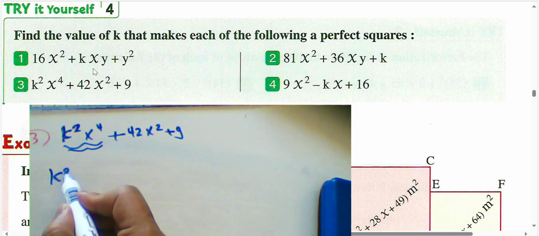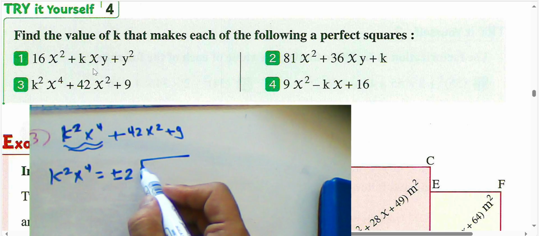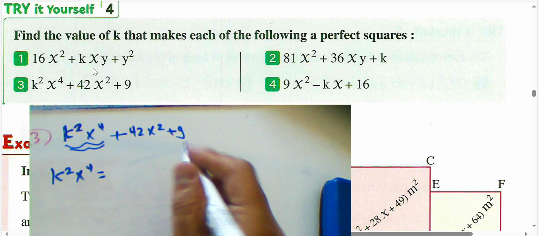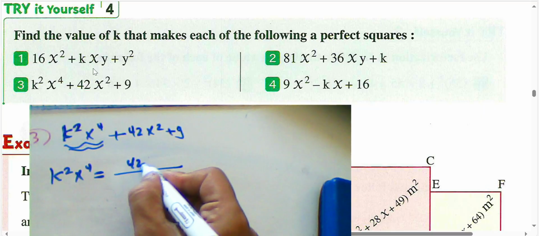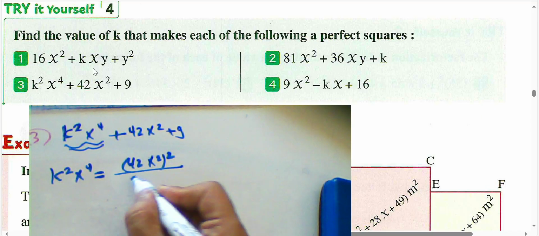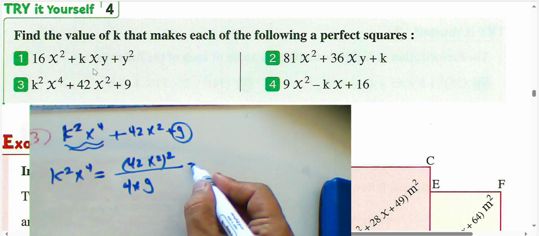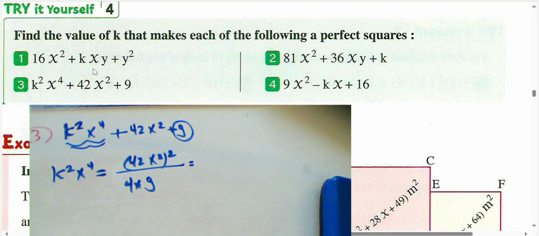Then k²x⁴ equals positive or negative 2 times the first, here we have the first, right? (42x²)² over 4 times the third. Okay, because we want to find the value of k. K here is present in the first term.